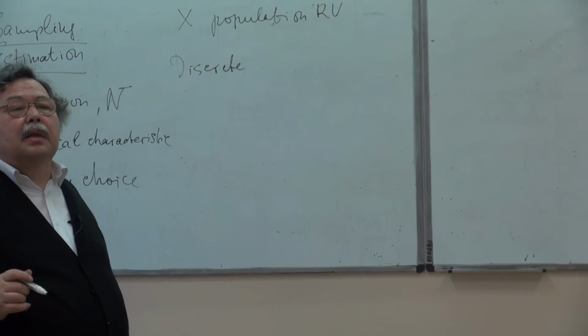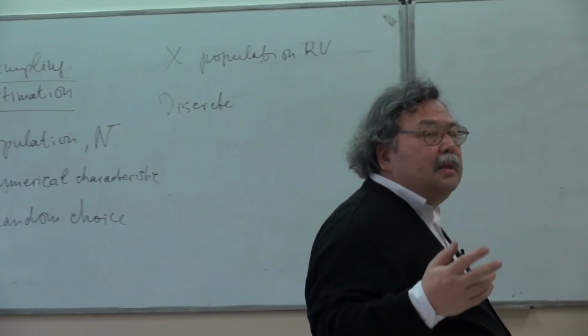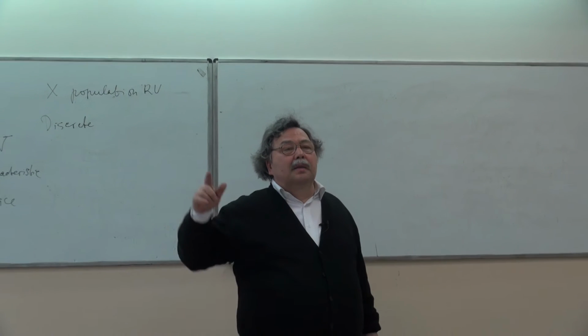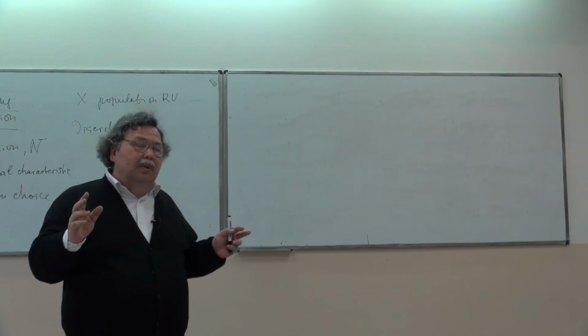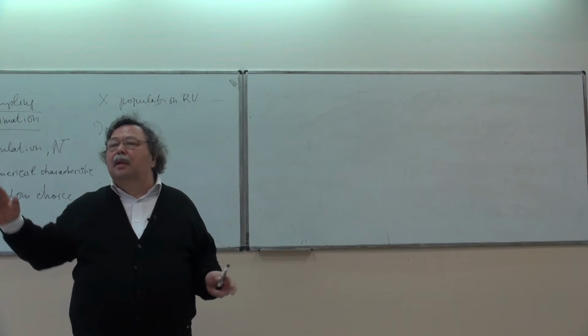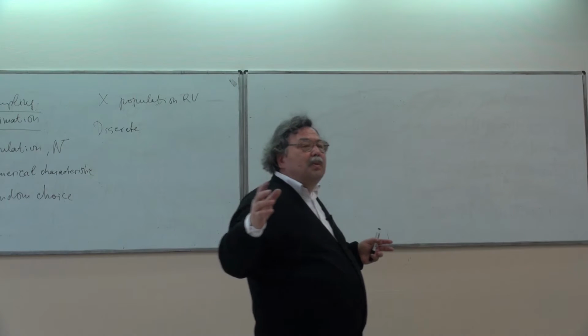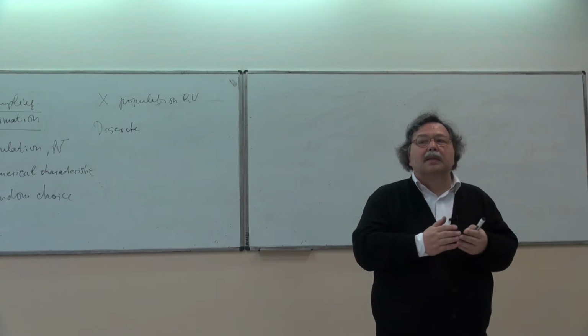First we notice that the random variable generated in this way is basically a discrete random variable. Now we notice that it's possible that different members of the population possess the same value of the characteristic.